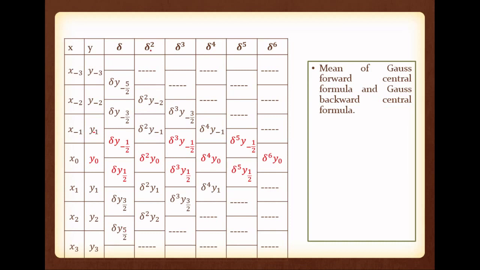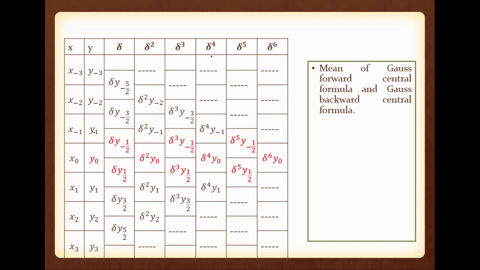Now the second order difference is theta square y minus 2, that is theta y minus 3 by 2 minus theta y minus 5 by 2. Similarly, theta square y minus 1, theta square y 0, theta square y 1, theta square y 2. Then we have the third order central difference terms: theta cube y minus 3 by 2, theta cube y minus 1 by 2, theta cube y 1 by 2, theta cube y 3 by 2.